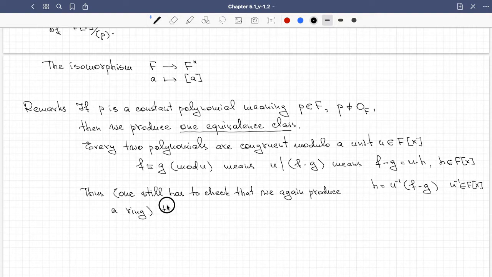Let me write it, F of x mod u, let me write u for unit, since I already have p.